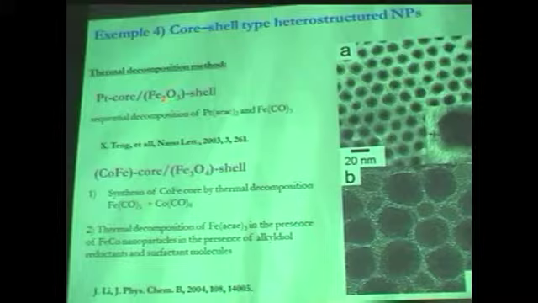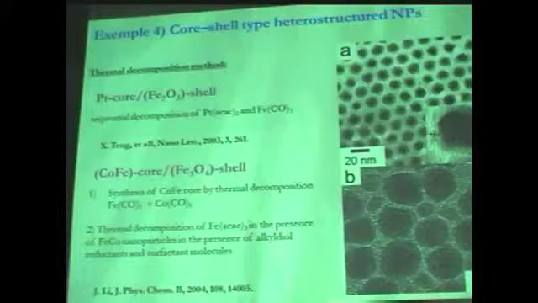Those nanoparticles have been obtained by sequential decomposition of acetylacetonate of platinum, and after the formation of platinum, we decompose the pentacarbonyl of iron in order to obtain the shell of iron oxide.